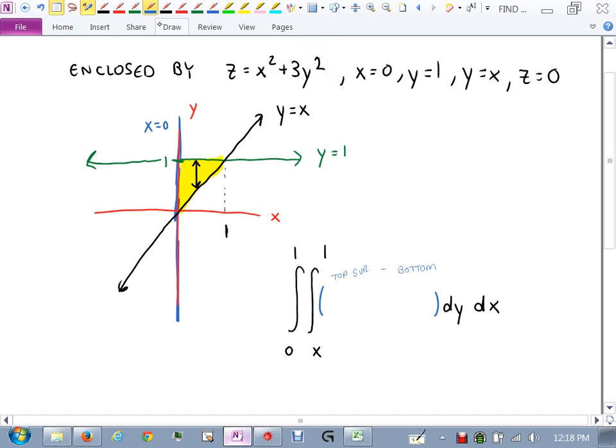So we can just put x squared plus 3y squared. And then minus what? What's the bottom? 0. I'm going to put it there just so we see it. And then we just go ahead and integrate that. Are we going to run into any problems integrating that? You think? No? Yeah, we won't have to worry about changing to a type 2 because those are all polynomials. Those should be pretty clean.